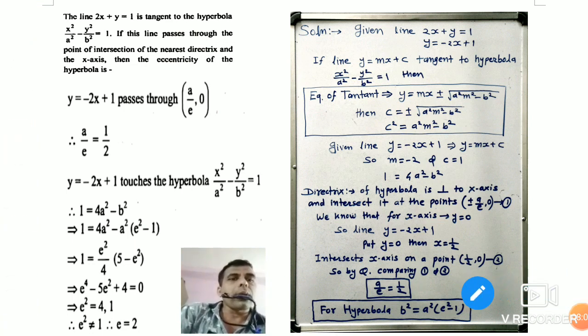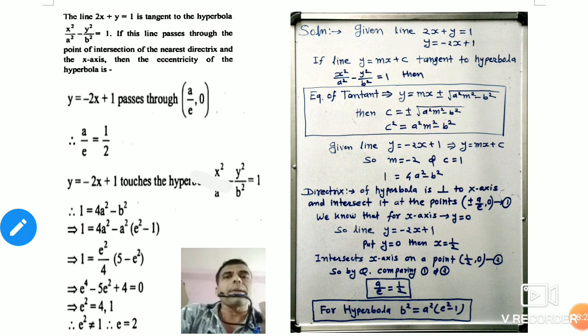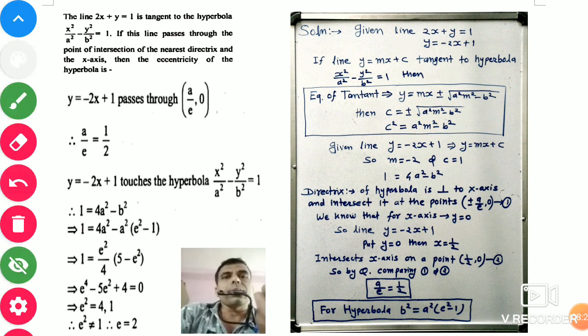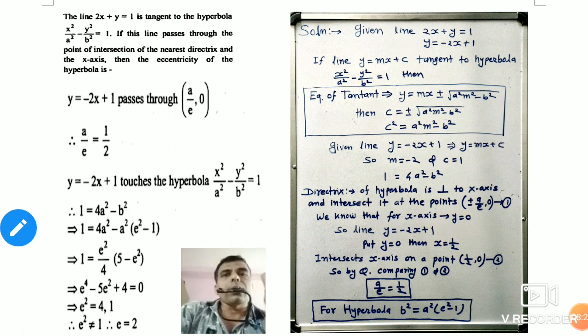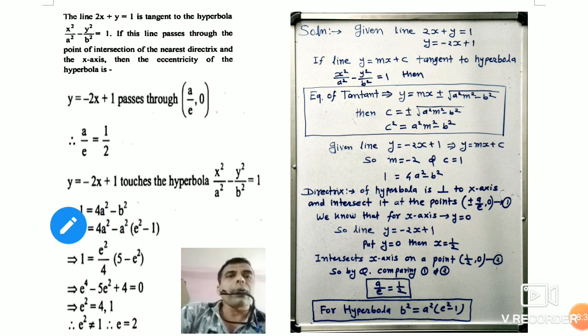We can find this value by this method. So if you understand all these formulas, then you can solve it directly. But if you don't know the formulas and definitions, you have to solve by this long method.